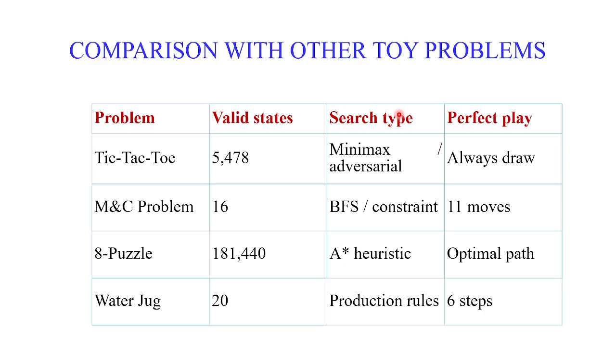Okay. So tic-tac-toe talks about adversarial reasoning, which is unique to multi-agent competitive environments. What we have studied here is the toy problems and the real world problems, and formally we have defined the tic-tac-toe problem with the framework of state, initial state, actions, terminal state and utilities.